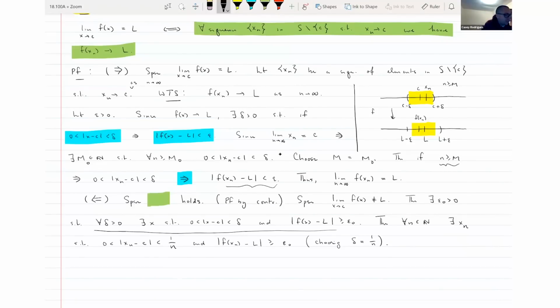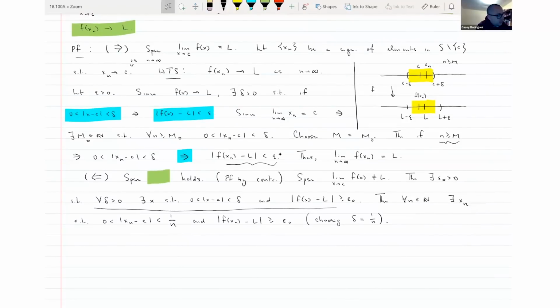Okay, so I have this sequence of elements of S that are not equal to c because the absolute value of x of n minus c is bigger than 0. And they satisfy these two inequalities. Let me just write this inequality again.